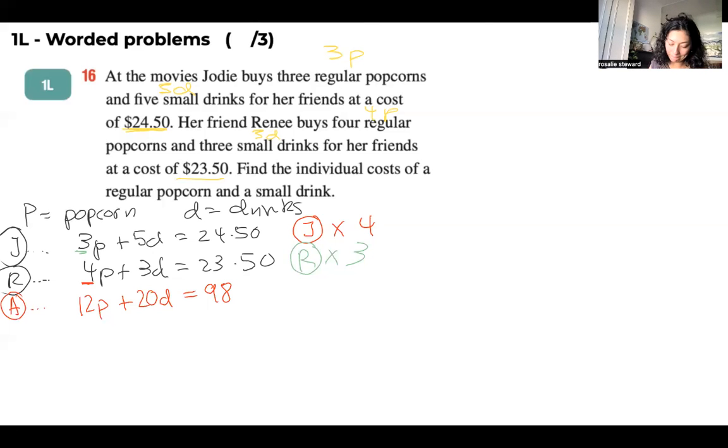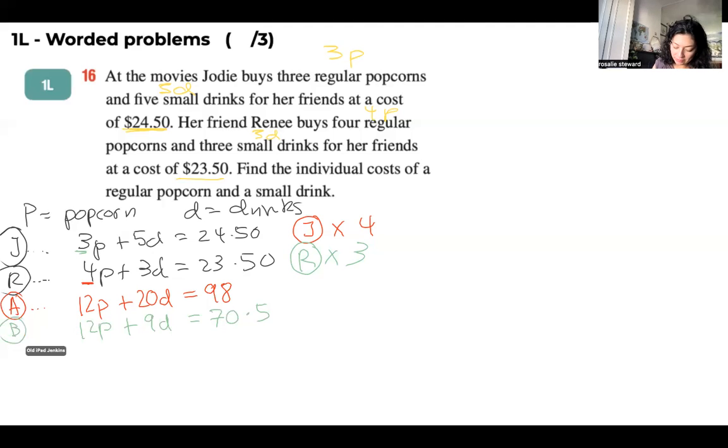Now, second row. Now we need to multiply this entire second equation, so Renee's stuff, by 3. So to get that 4p equaling 12p. So 4p times 3, 12p as well. 3d times 3, 9d. 23.50 times 3, calculate, $70.50. Okay, so I'm going to call that equation number B.